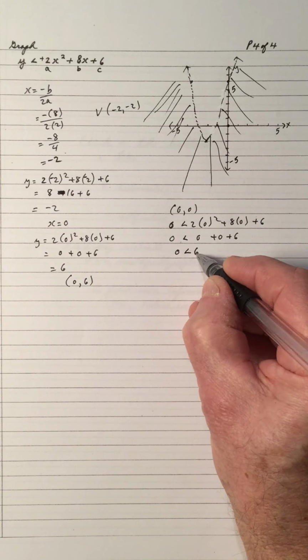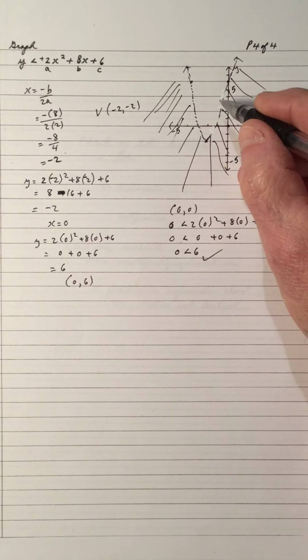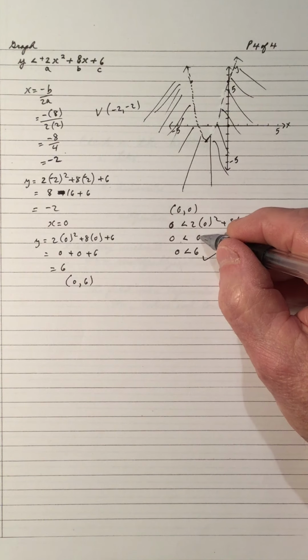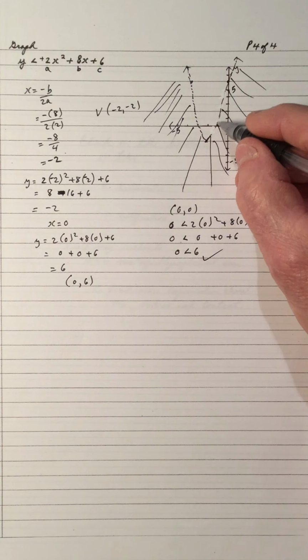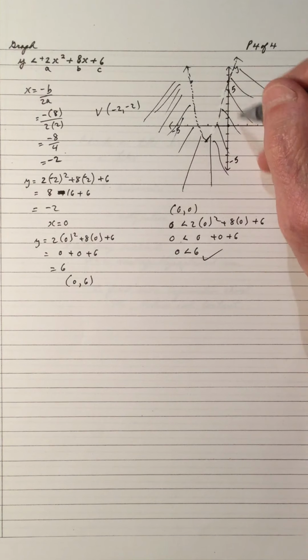So 0 is less than 6, true. So that's why I'm shading out here. But I didn't have to do that, because I know this is the boundary line of my parabola. Less than is downward, so I'm shading down.